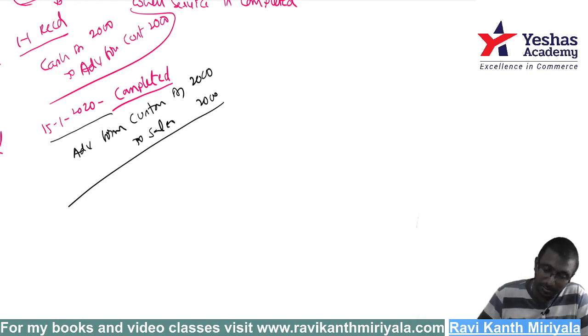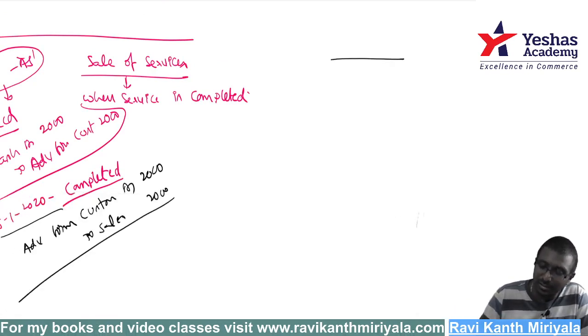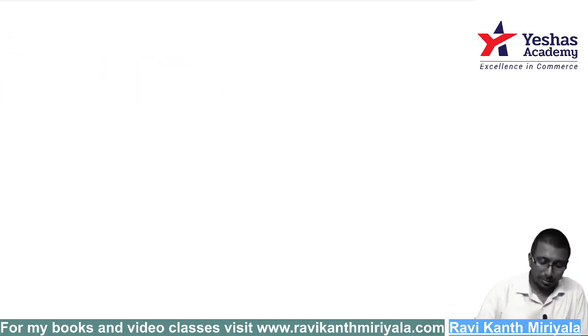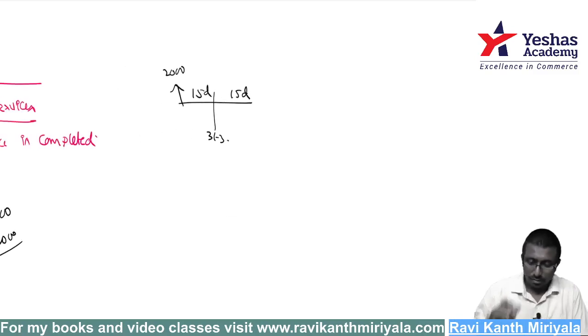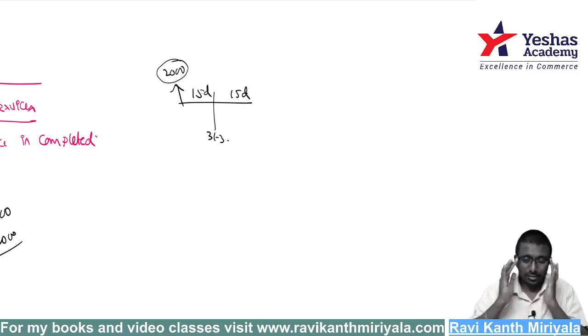Got it? But in this situation, this is a situation in the financial year ending 31st March. This side 15 days I have to teach, and that side 15 days I am supposed to teach. Today only I received an advance of 2000 rupees. Suppose you have paid 2000 rupees, for which I have to teach a 30-day class.